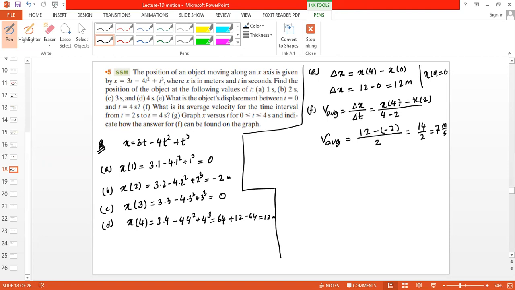And G is graph. So for G, I am asking you to graph it by yourself. Graph x versus t for time t between 0 to 4 seconds.